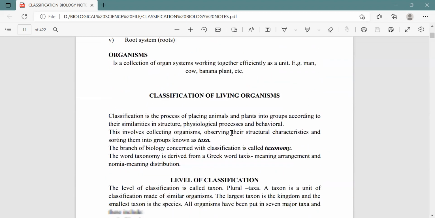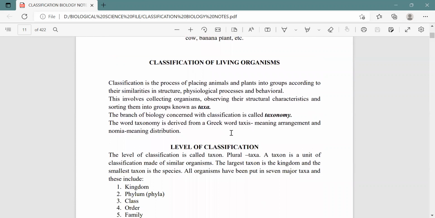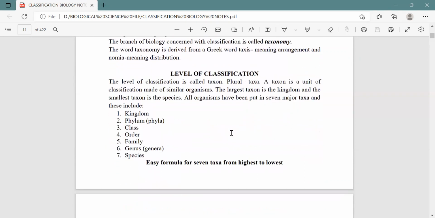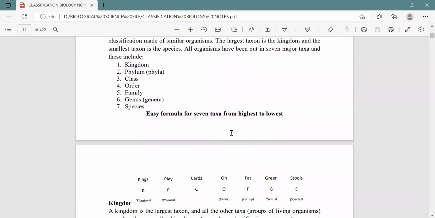And we defined what classification is. We defined the levels of classification, which we called taxonomic groupings or taxon.